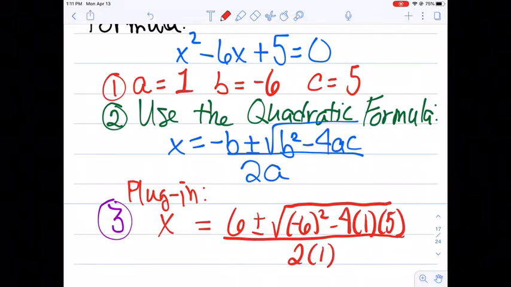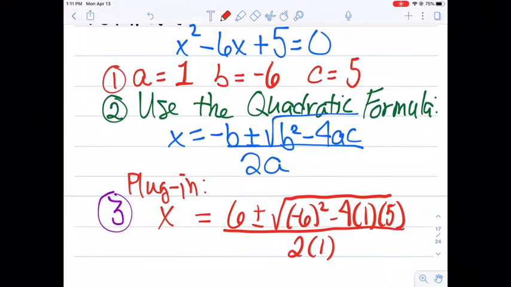So again, just to recap, opposite of b is just 6, plus or minus the square root of b squared, negative 6 squared, minus 4 times a times c, where a is 1 and c is 5, over 2 times 1.